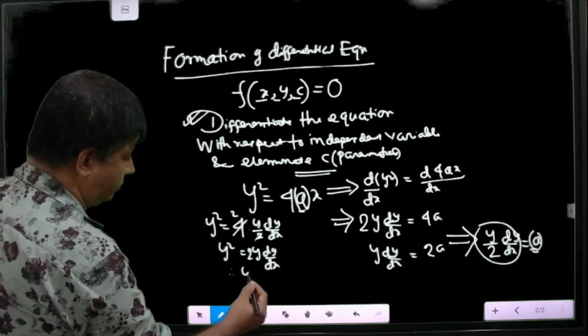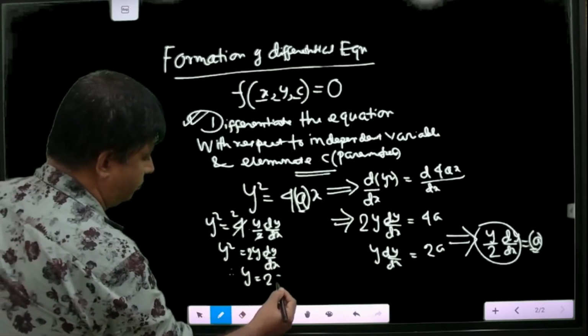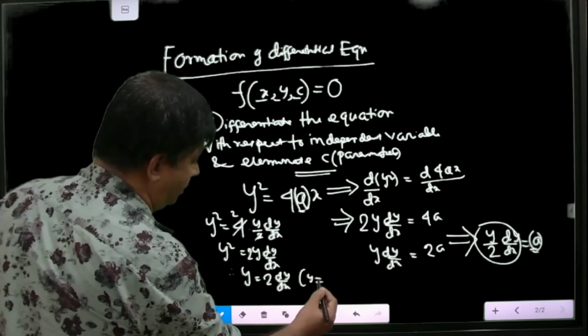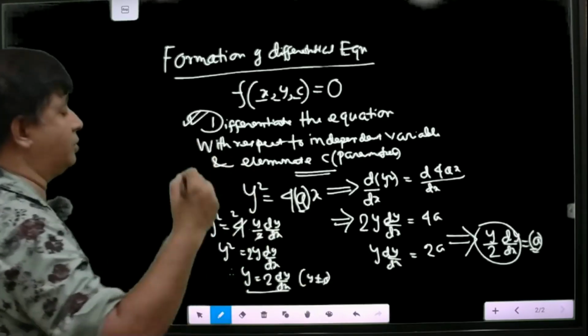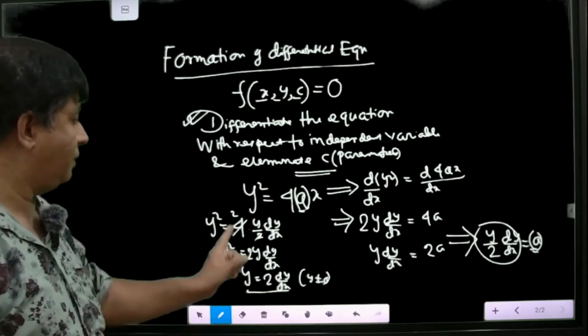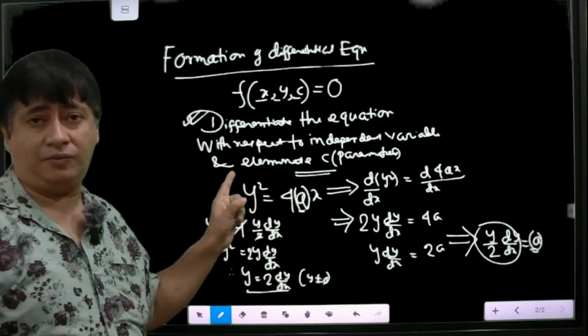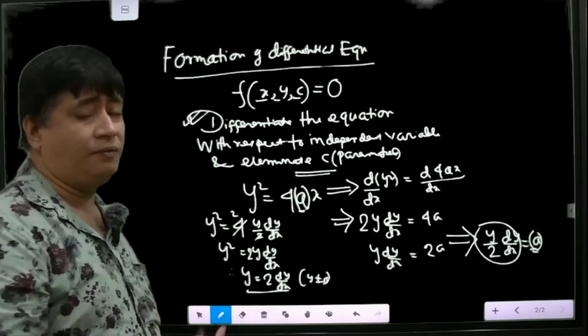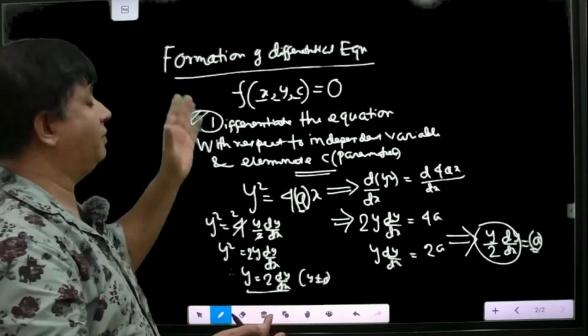So this is the differential equation so formed. It means if you integrate and solve, you get back this parabolic curve. Understand? So this is the way of formation of differential equation.